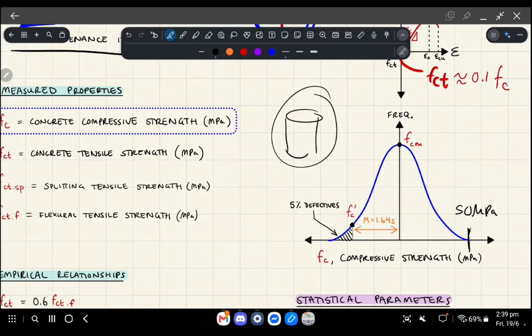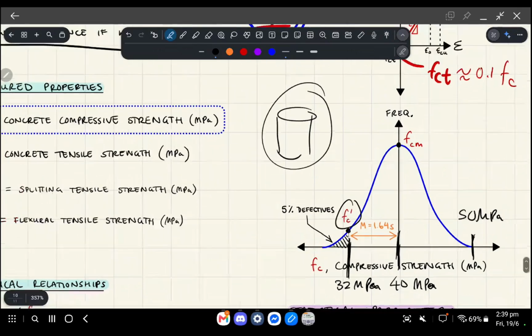Okay. Over here, let's say that the average, so if you did 100 of these tests, or dropped 100 bowls, the average is 40 MPa. Okay, so this is like a bell curve, right? The idea is that over here, you might have 32 MPa, let's say.